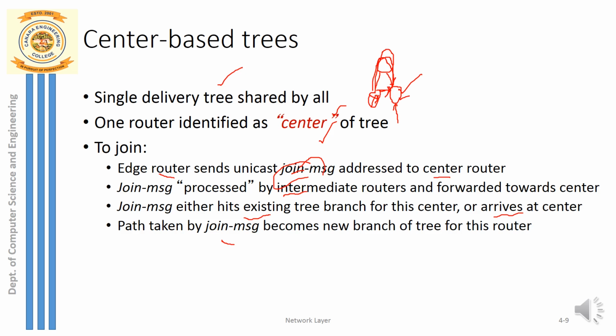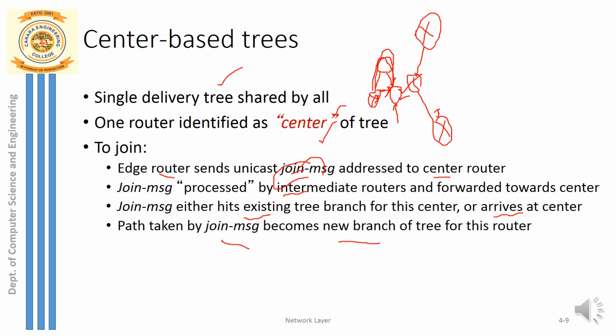The path that the join message has taken becomes a new branch of the tree for this router. It is something like, if I have a tree, this acts as a center. Here you can see one router which is not a multicasting group member, but there is one router which now wants to join this multicasting.